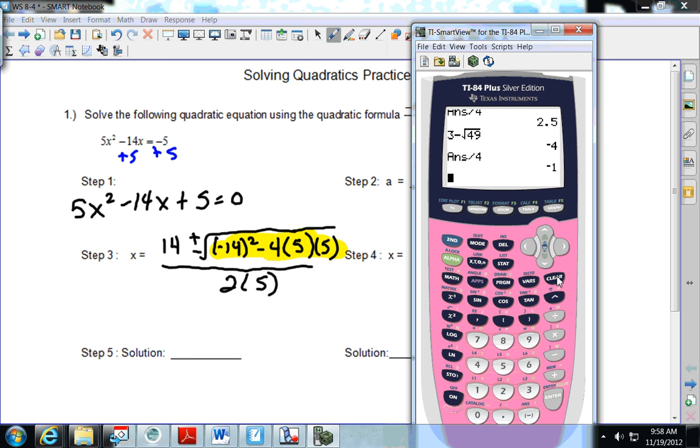Now, I go in there and I'm going to put parentheses, negative 14 parentheses squared minus 4 times 5 times 5. When I press enter, underneath the square root sign is 96.